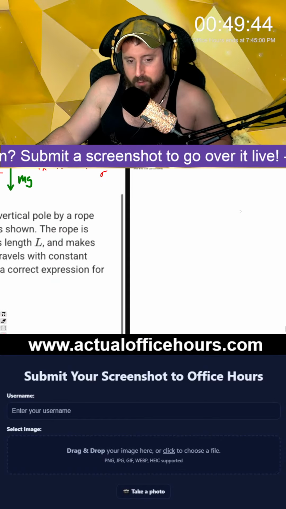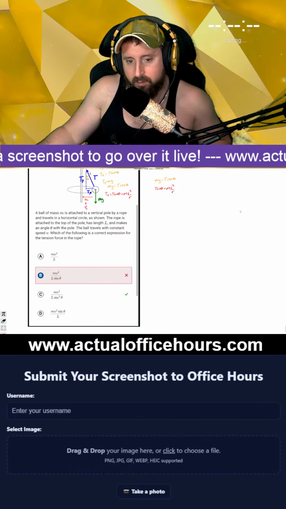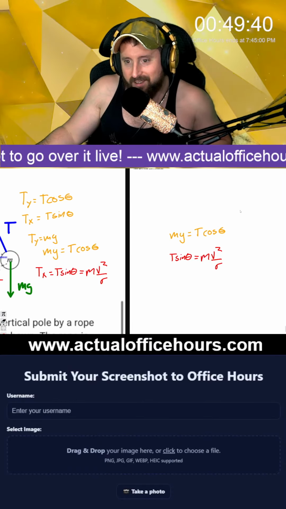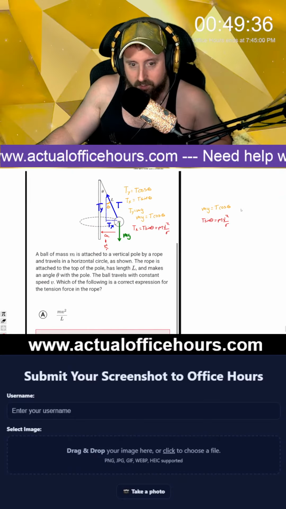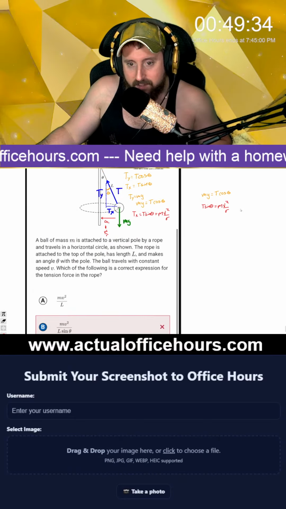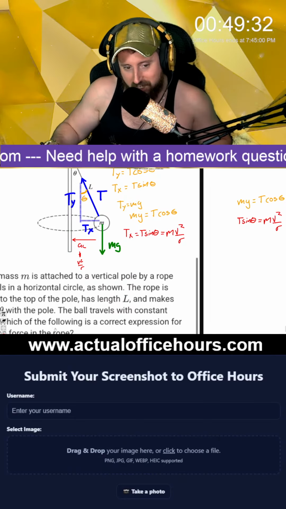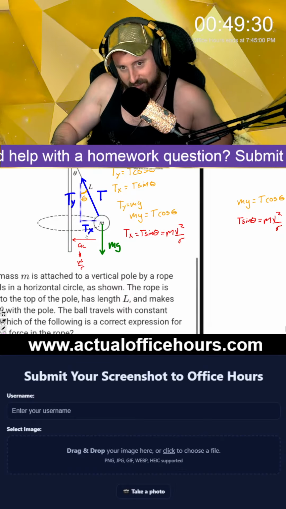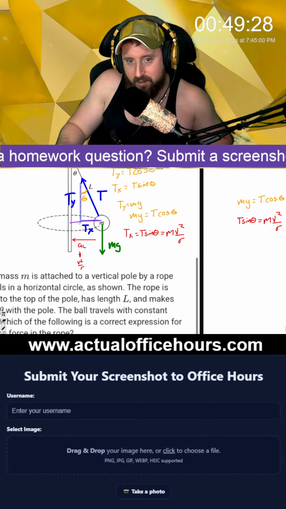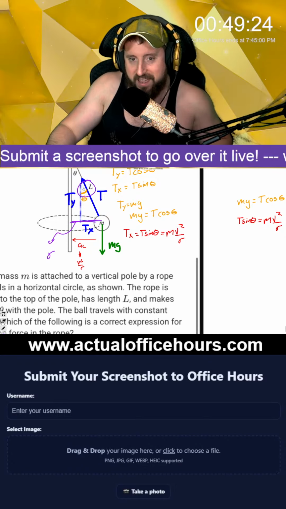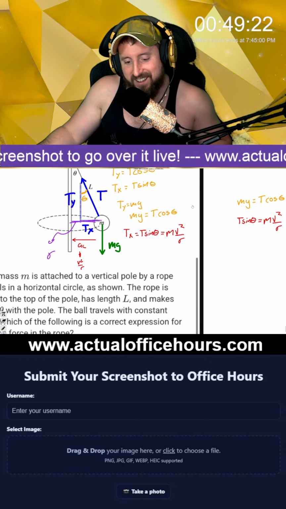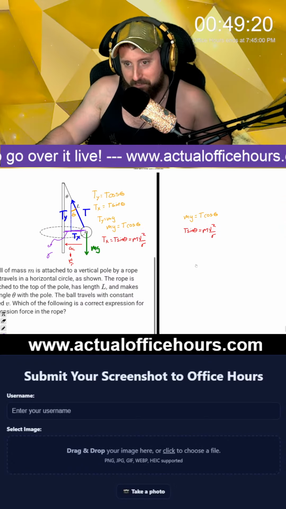Oh, there's actually a cool way to do this. Do they tell you about the radius? Yeah, watch. Oh, this is actually really tricky. So this right here is the radius. That's equal to r. This is equal to L. So watch what happens here.